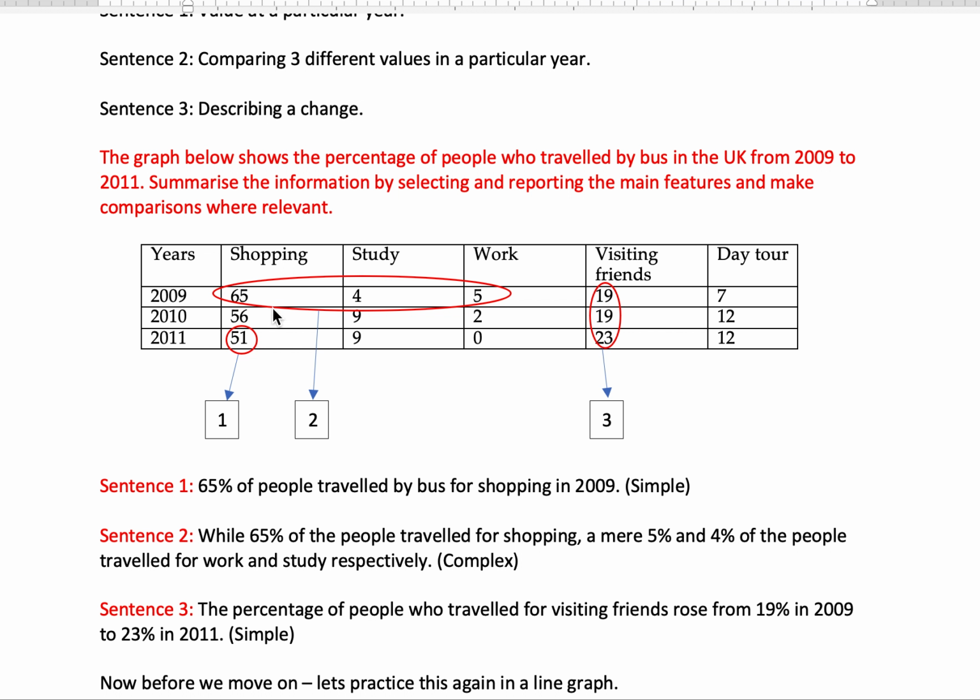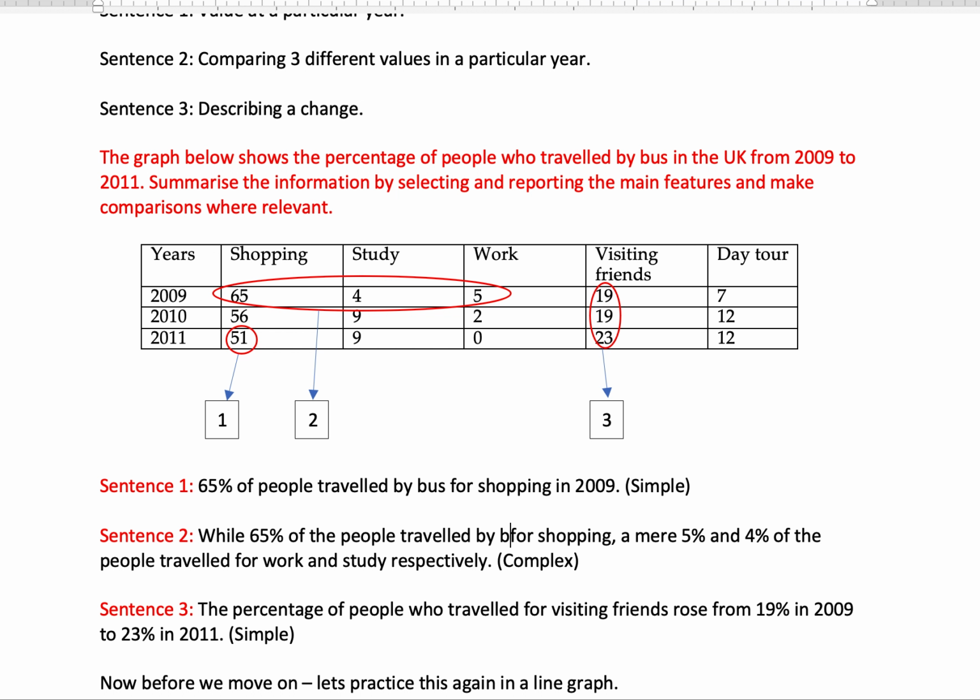Sentence 2 is, while 65% people traveled for shopping, a mere 5% and 4% of the people traveled for work and study respectively. So while 65% of the people traveled by bus for shopping, a mere 5% and 4% traveled for work and study respectively.